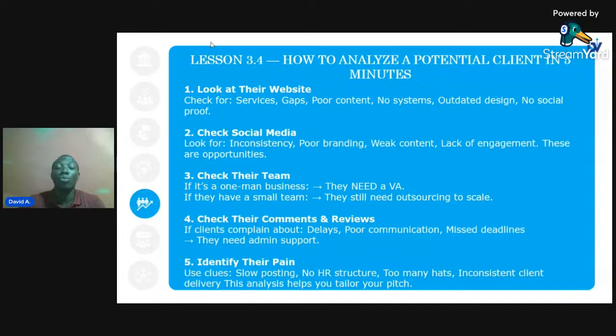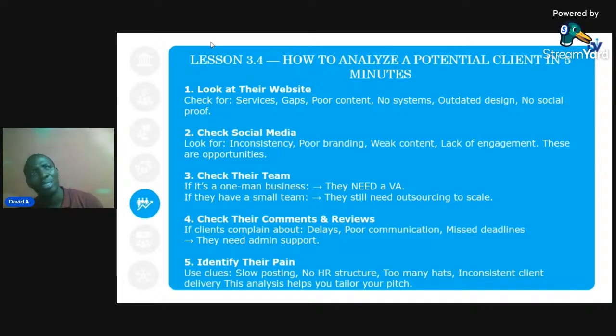Number 2, if they don't have a website, they will have a social media platform, because they are selling online. So they need to have a social media platform. If they don't have a social media platform and they are selling online, the Lord is their strength. They should be online. Look out for inconsistencies. Are they posting consistently?